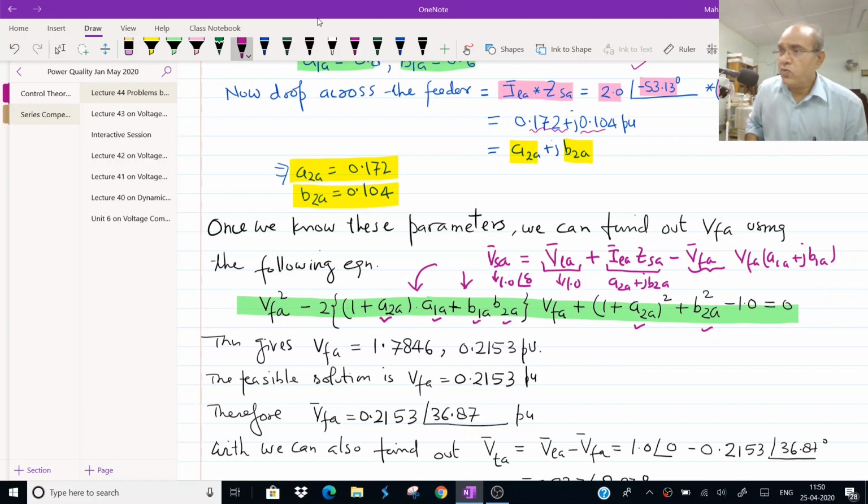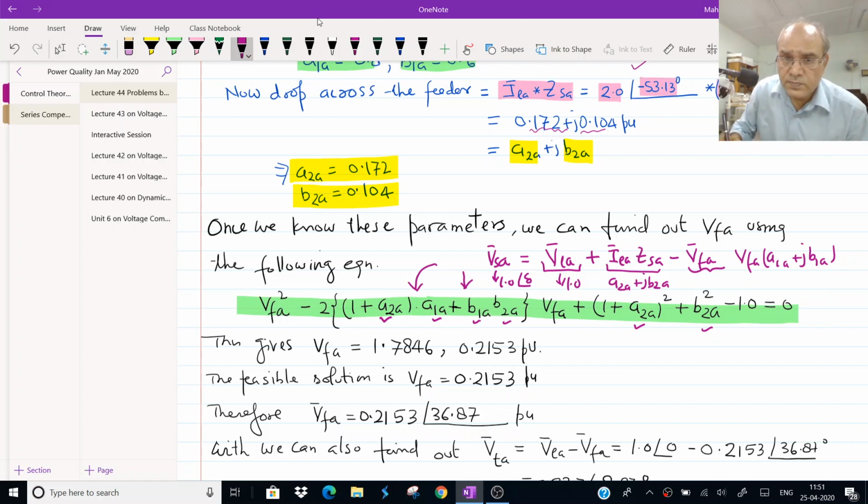Okay, what is this equation? Values, I will just put it once more. Let me check it in my notes. So the value of quadratic equation is BFA square.